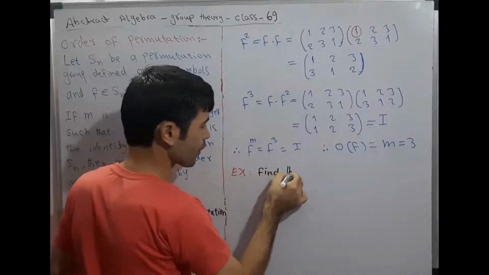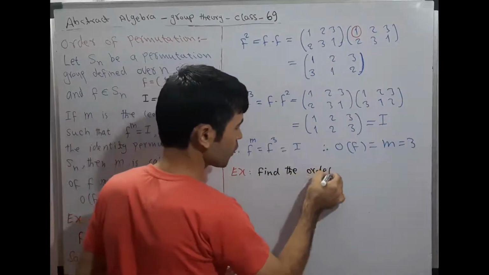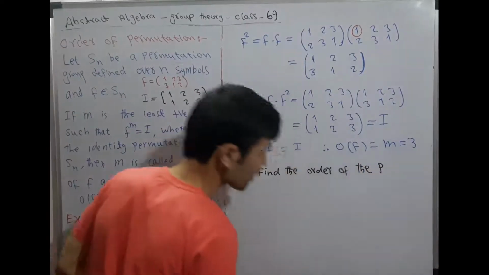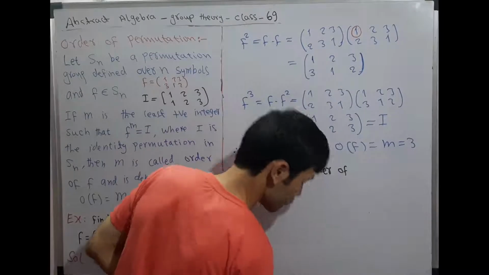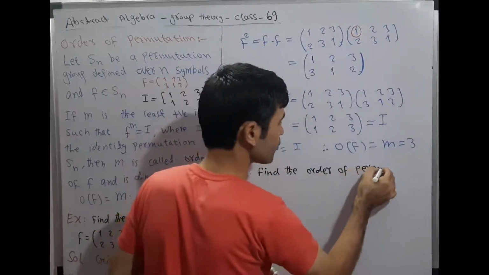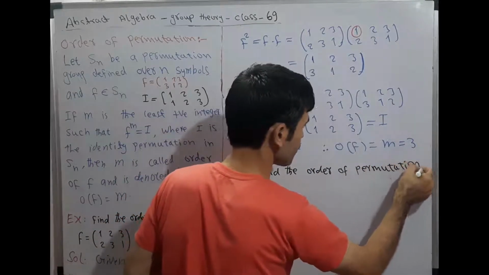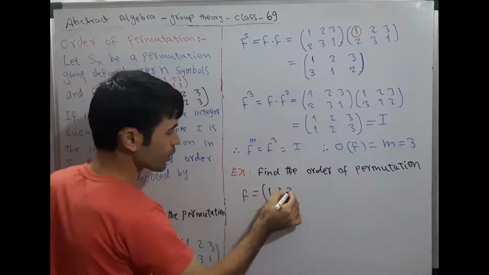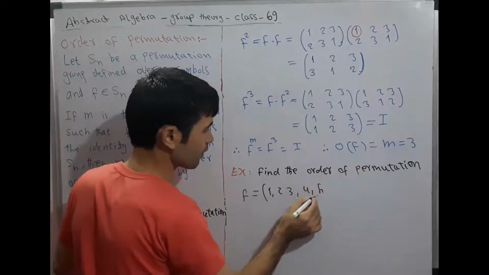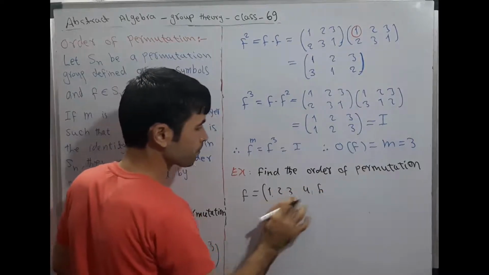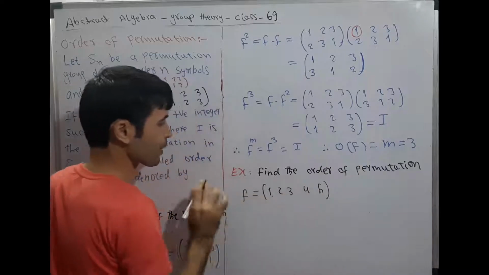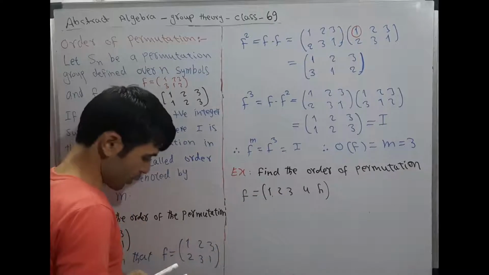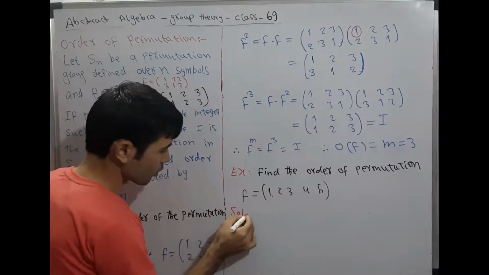Find the order of the permutation f is equal to 1, 2, 3, 4, 5. We want to find the order of this permutation. Solution.